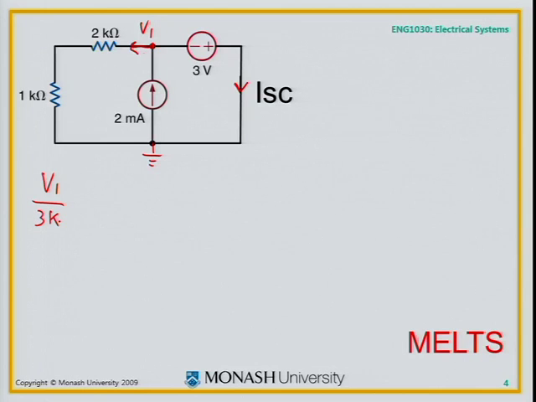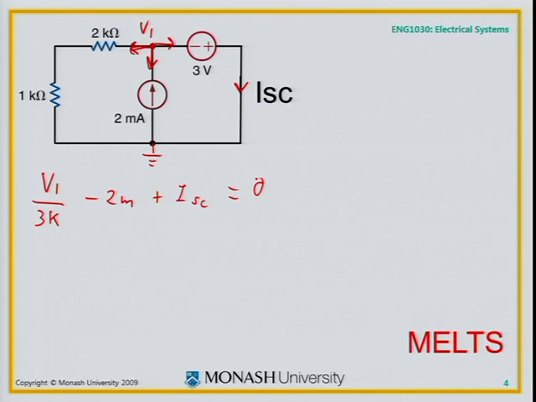The current there is V1 divided by 3K. That current there would be minus 2 milliamps. And this current there I'm going to put as ISC, because that's what I'm trying to find. So plus ISC equals 0. Kirchhoff's current law. If I knew V1, then I could find ISC.